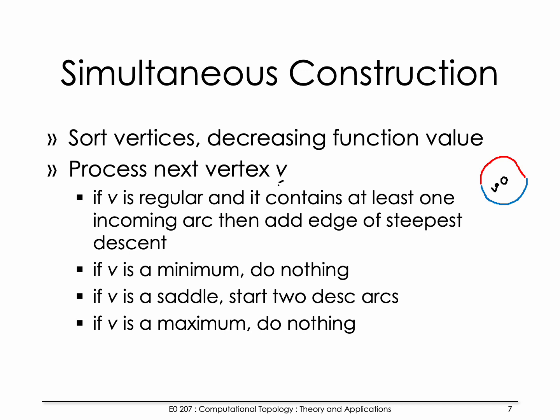So if V is regular, just like what we saw earlier, if it already has one incoming arc, as in some descending manifold has already terminated at V, in that case you extend that arc by adding the steepest descent into the lower star.